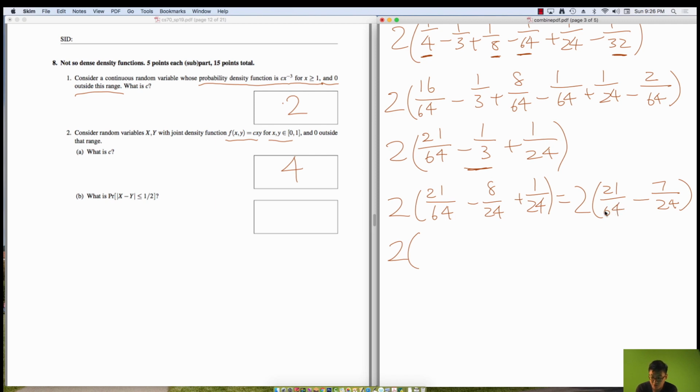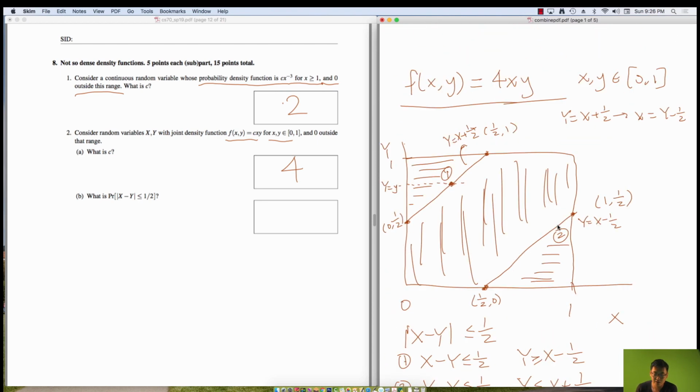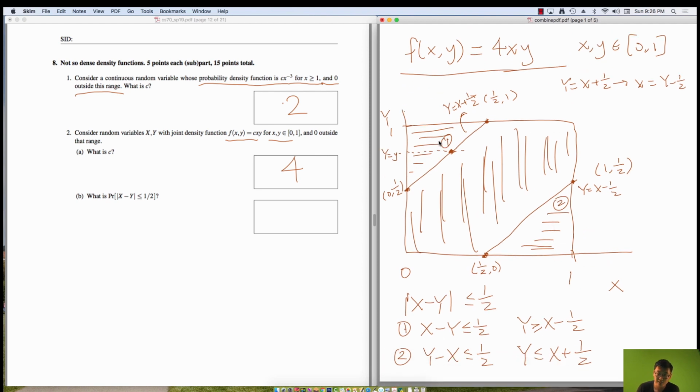So 192 is 3 times 64. So this fraction can be turned into 63/192. And 24 times 8 is 192, so I can multiply the top and the bottom by 8. And I get that this is equal to 2 times 7/192, which is 7/96.